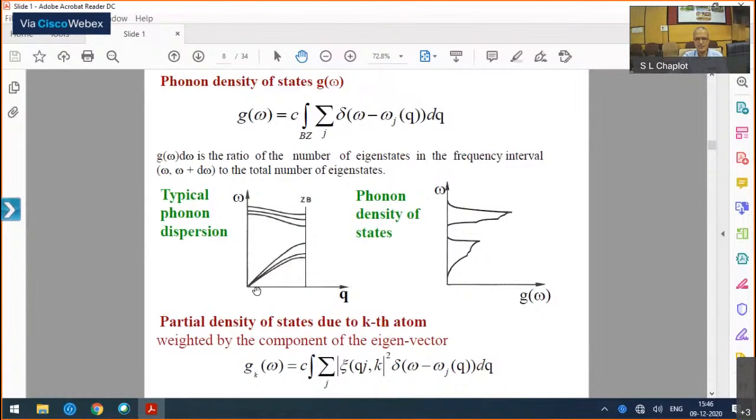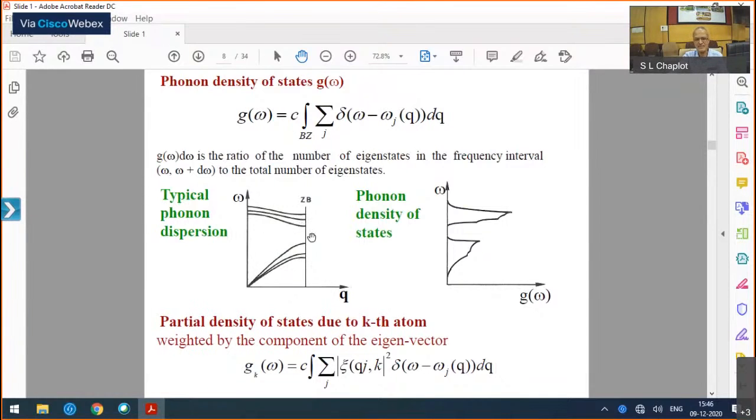So it's approximated by a straight line. All these modes which you have are approximated by a straight line, and then the slope and the cutoff of that, the maximum frequency, converted into temperature units, gives you the Debye temperature.